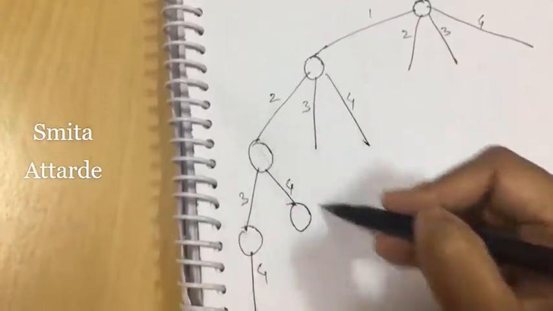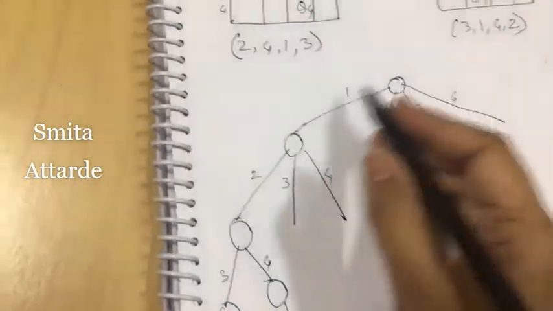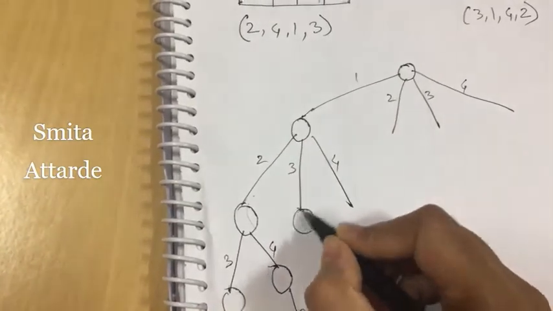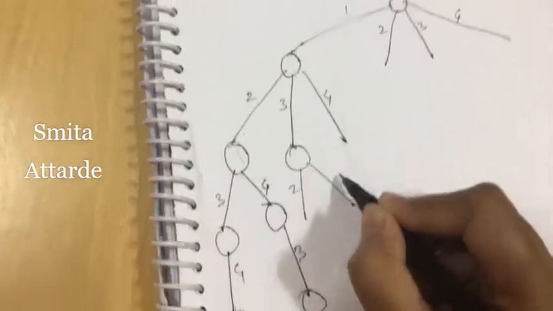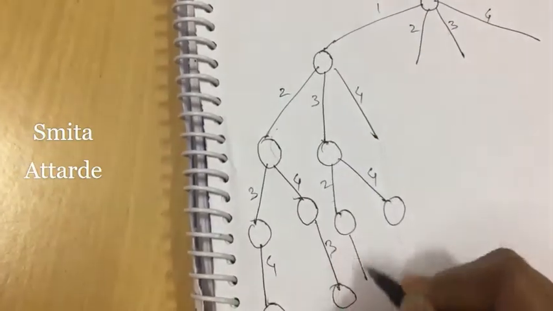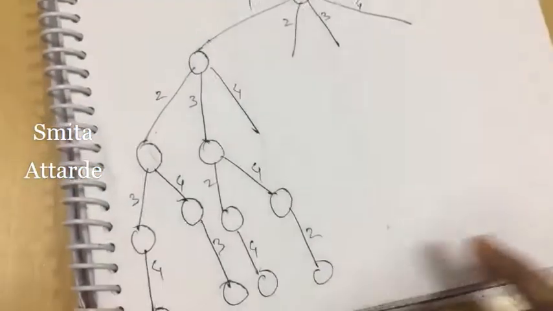Similarly 1 2 4 and the remaining is 3. Similarly here, 1 choice is done, 3 choices done, so remaining are 2 and 4. So 1 3 2, remaining is 4. Here remaining is 2. This way you have to complete the state space tree.